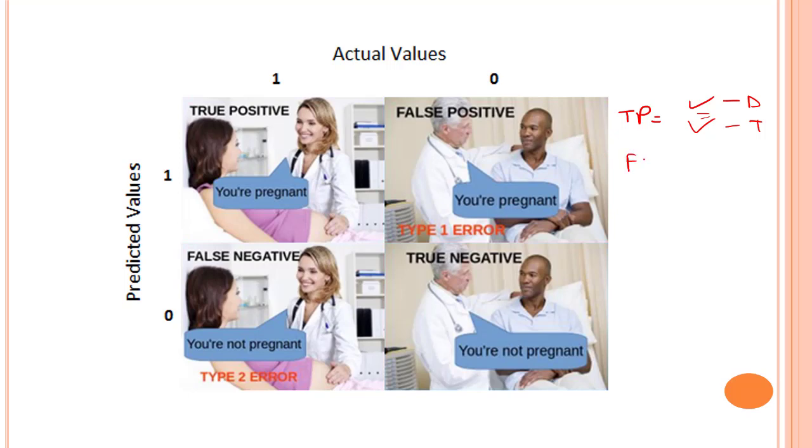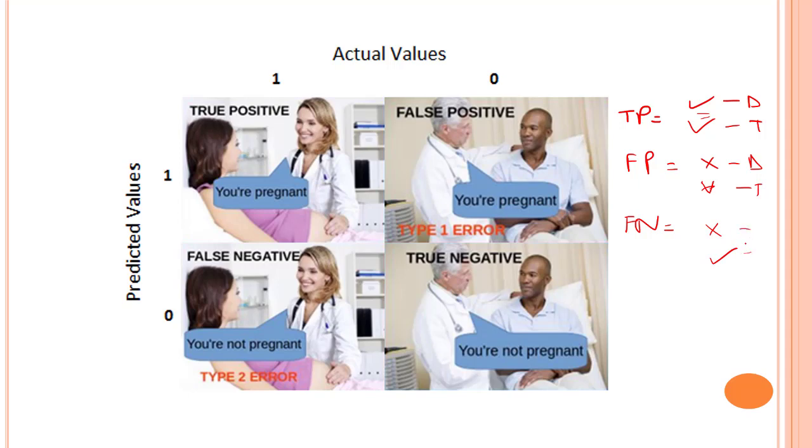Now let's jump into false positive, or type 1 error. The doctor says that you are pregnant, but eventually you find out the doctor's prediction is wrong. You are not pregnant. Now the same thing for false negative. In false negative, the doctor says that you are not pregnant, but eventually you find out that you are pregnant.